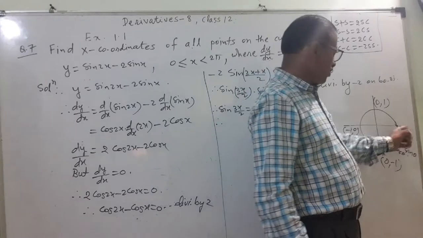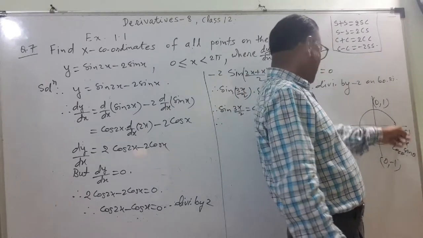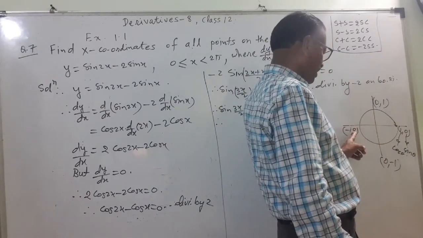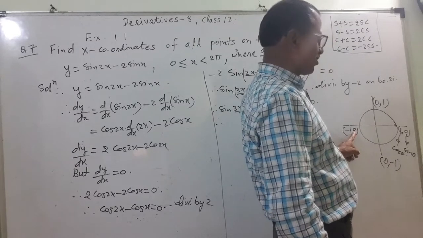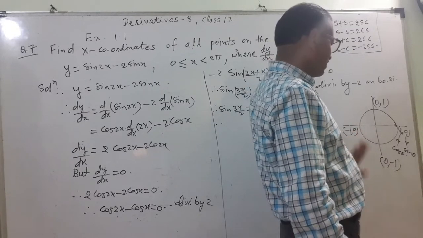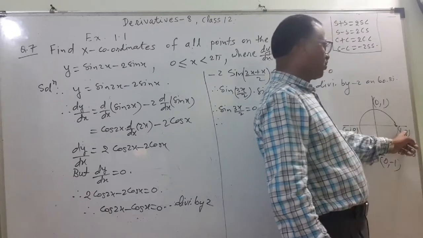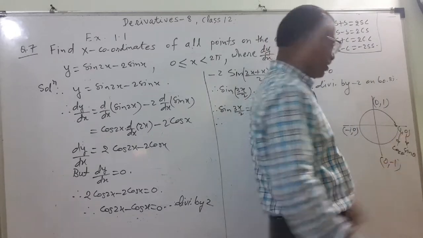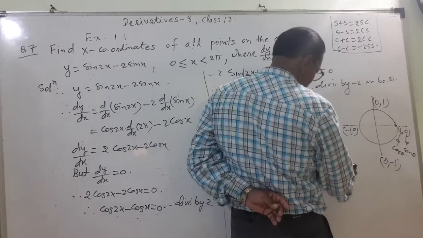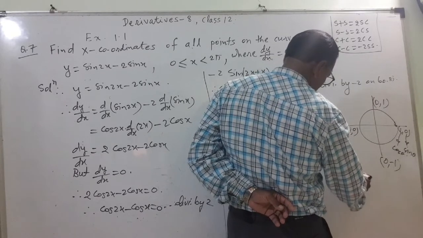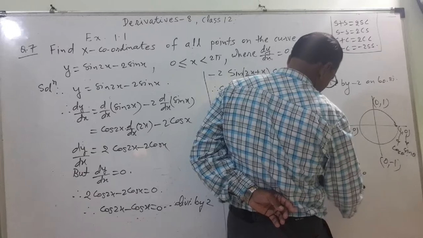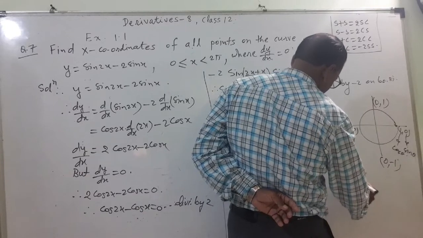Sine can be 0 at 0 degrees. It can be 0 for 180 degrees. Again for 2 pi, which means 360 degrees. So sine 0 is 0, sine pi, that is 180 degrees, is also 0, and sine of 2 pi is also 0.